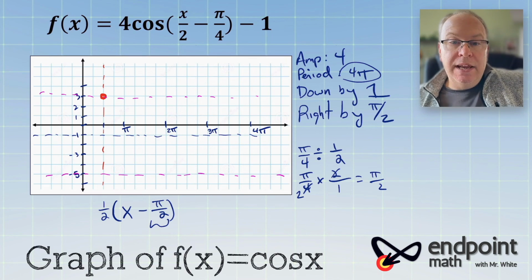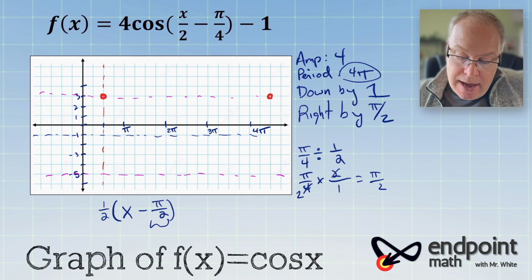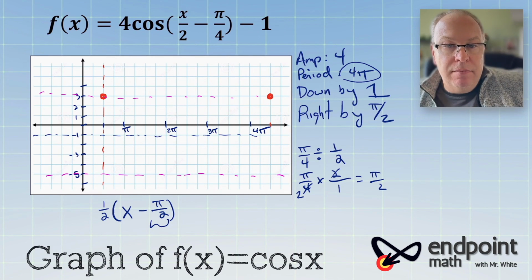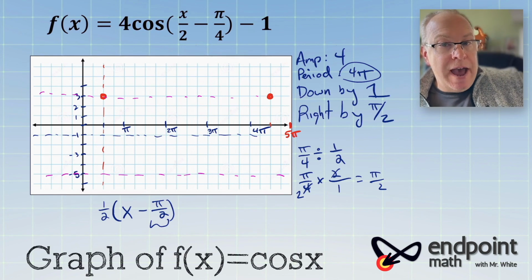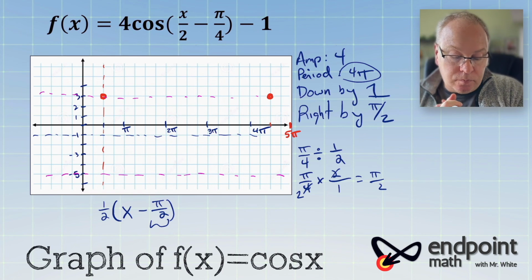Now, we need to go 4 pi, which would be way over here. Notice how I went another half of a pi, because this way over here is 5 pi. I went another half beyond my 4 pi hash mark. That was important.